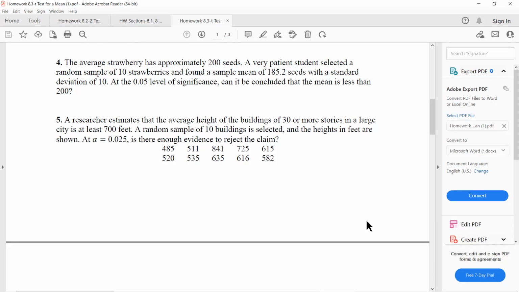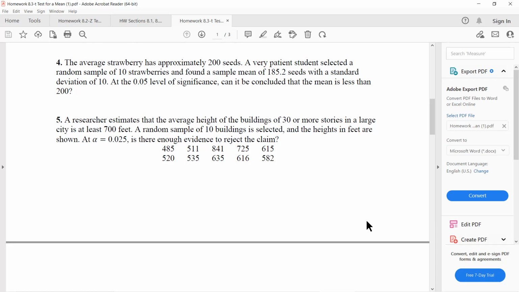Okay, so we know that mu is 200. And we know that we have a sample of 10. So we also know what my DF is. And we know that the sample mean X bar was equal to 185.2 with a standard deviation S. Remember that's S because it goes with the sample.